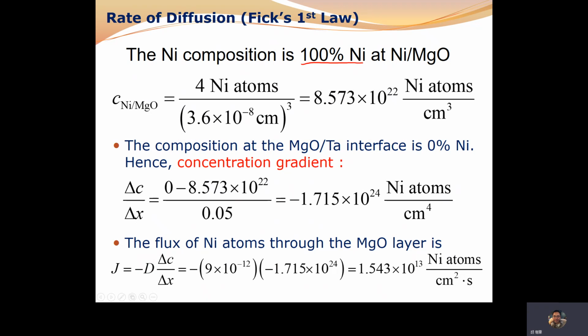And we already told you its lattice parameter is 3.6 times 10 to minus 8 centimeter, right? Therefore, we can calculate the number of nickel atoms per volume, per unit cell. So it's 8.573 times 10 to 22 nickel atoms per centimeter cube. Is that clear? That means the concentration at this nickel layer, and the composition at the magnesium oxide tantalum interface is 0% nickel initially, right? Initially. Is that clear?